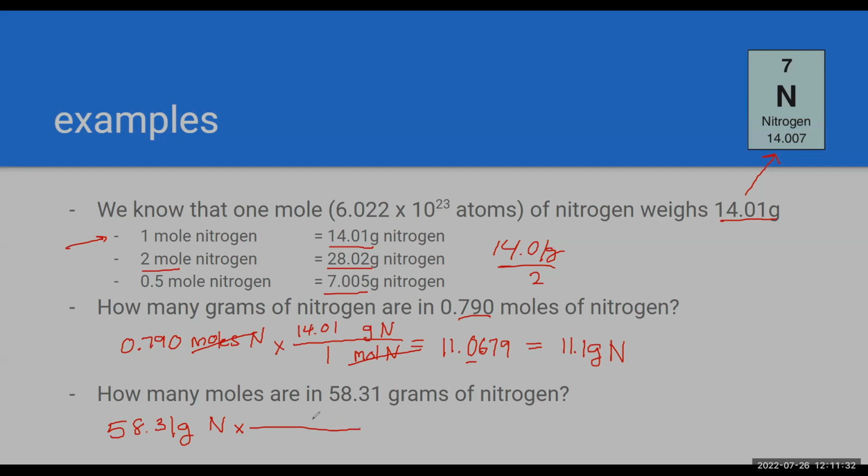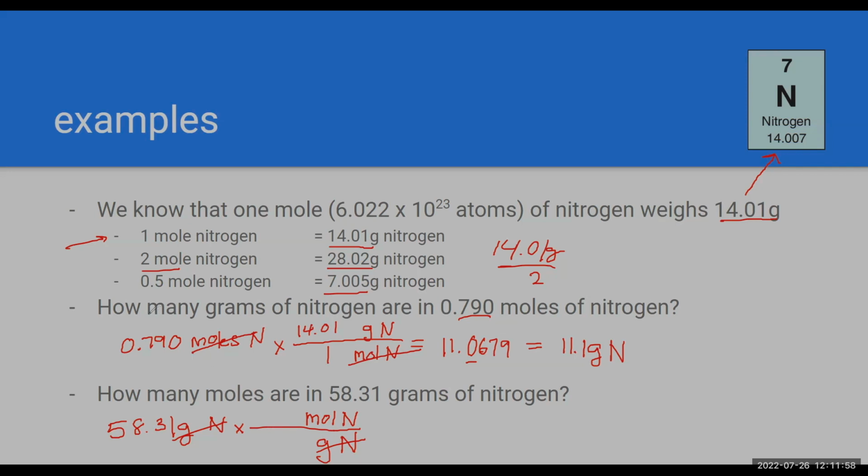So I'm going to put moles on the top. And then I'm also going to put grams on the bottom, mostly because I want the grams of nitrogen on the top to cancel with the grams of nitrogen on the bottom. So we want it to cancel like this. And then it's just a matter of figuring out which number goes where.